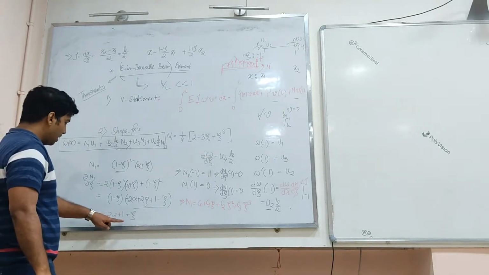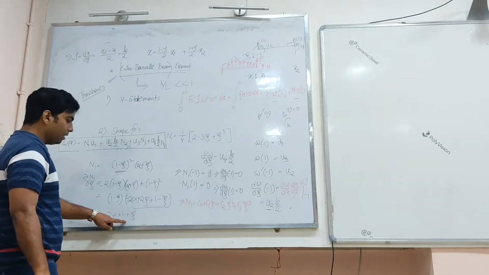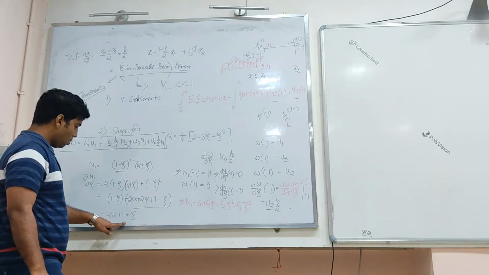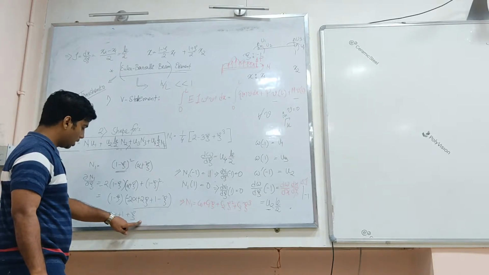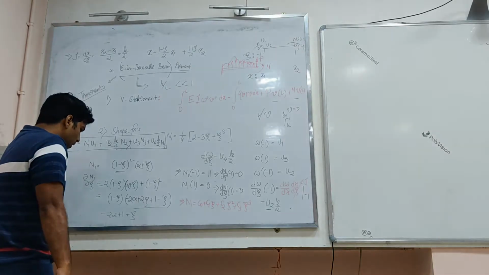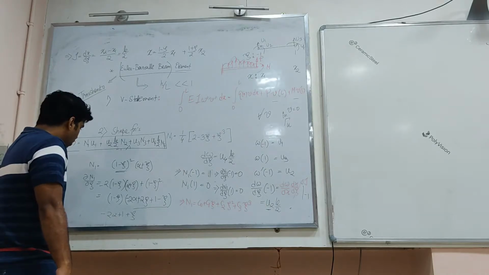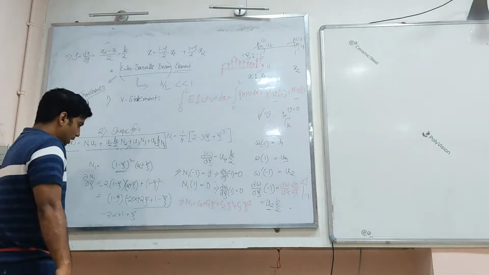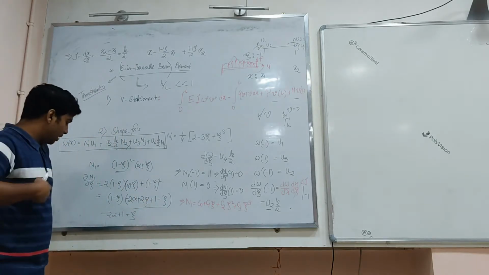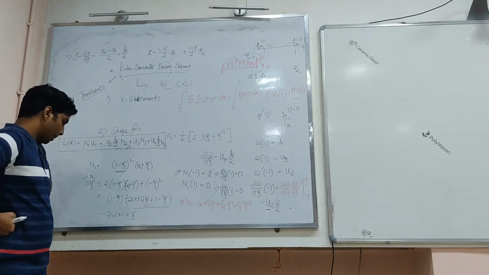And this derivative must go to 0 when Xi equals also minus 1. That's the second part, right? This part should go to 0 when Xi equals minus 1.